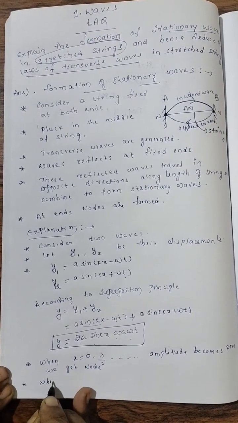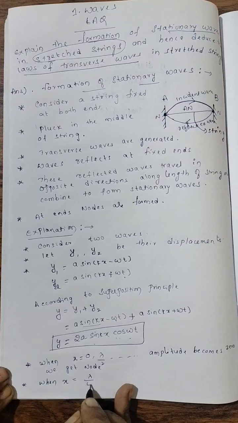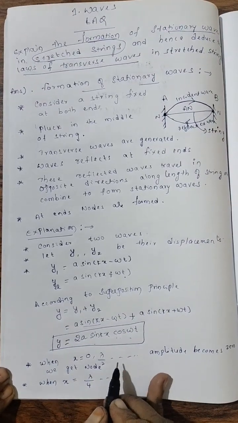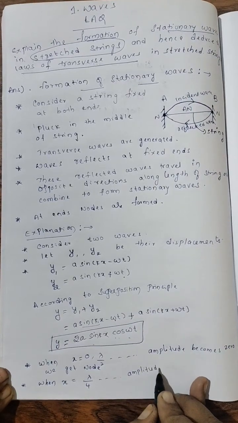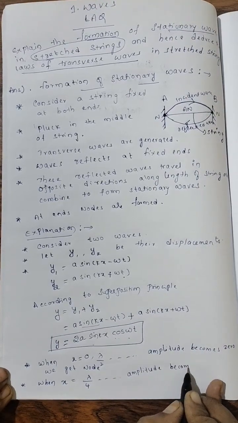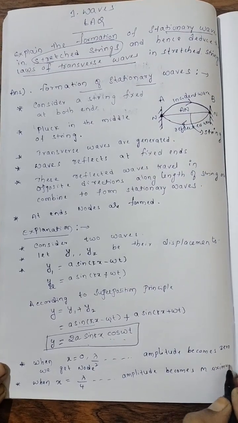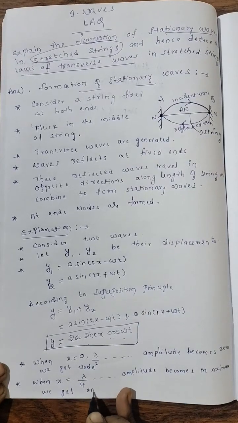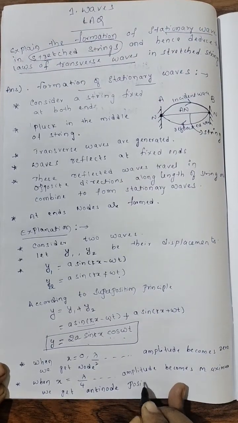Similarly, when x is equal to lambda by 4, and so on, no need of remembering all, just 1 or 2, amplitude becomes maximum. Amplitude maximum means we get antinode. Right? Antinode position.